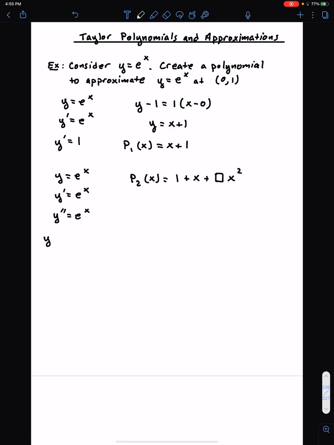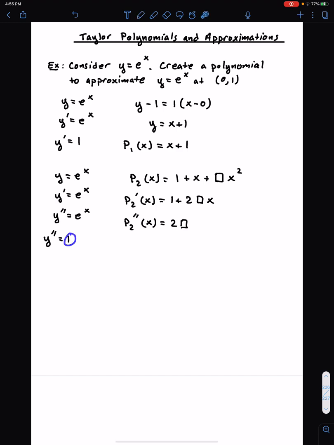The second derivative of the original function at 0 is equal to 1. So p2 prime is equal to 1 plus 2 times that coefficient times x. And then p2 double prime is equal to 2 times that coefficient.